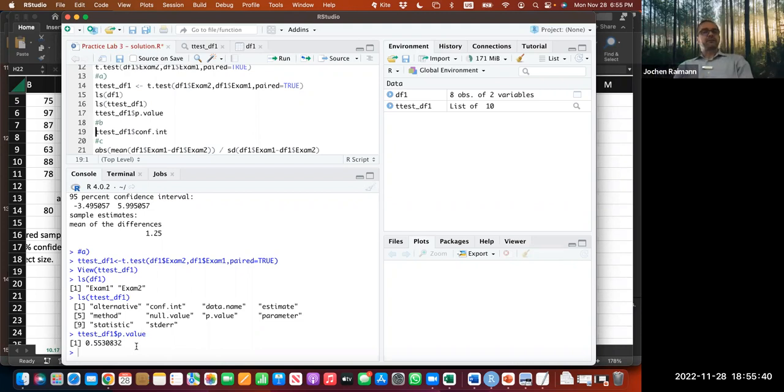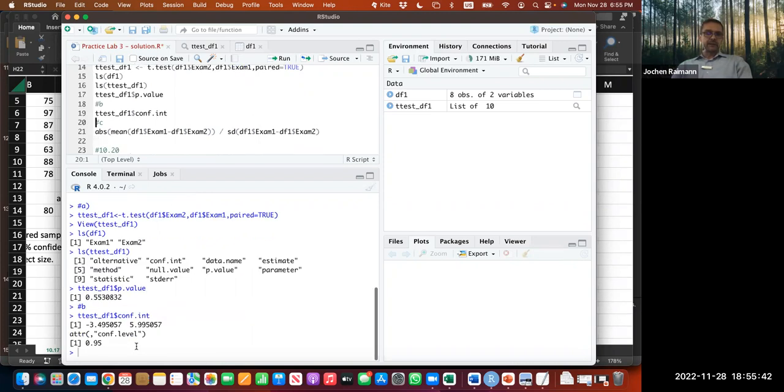Okay, so with line 19, we can calculate our 95% confidence interval, easily extracted with t-test.df1 conf.int, which gets you the confidence interval. So it's very useful, right? You get all this information quickly mobilized. You can also change the confidence levels, to different type 1 error levels.